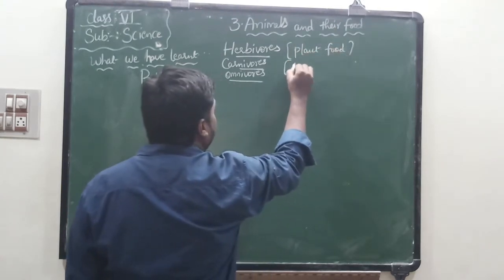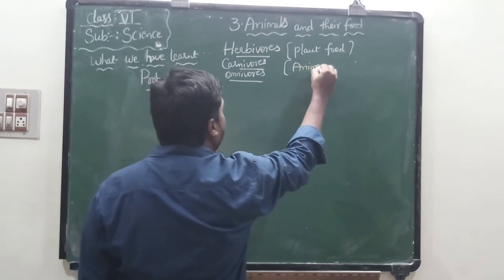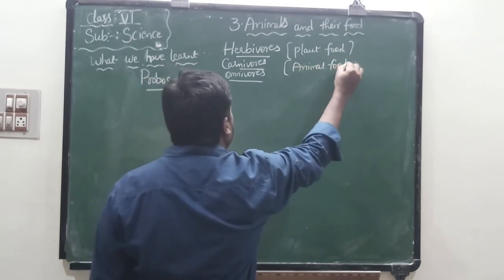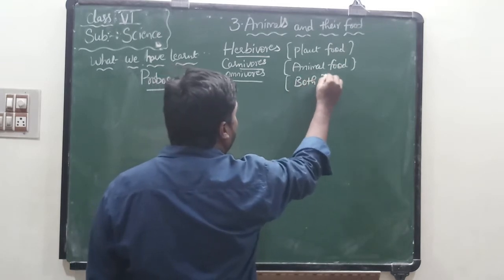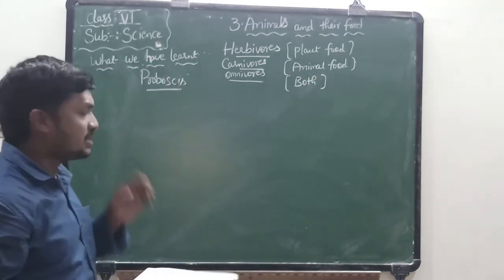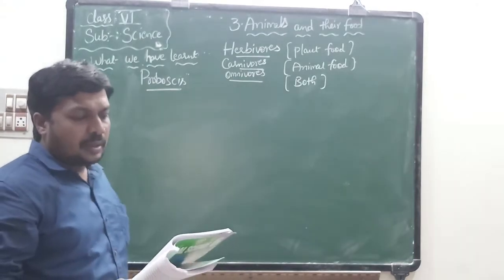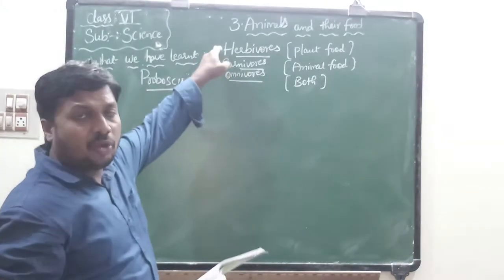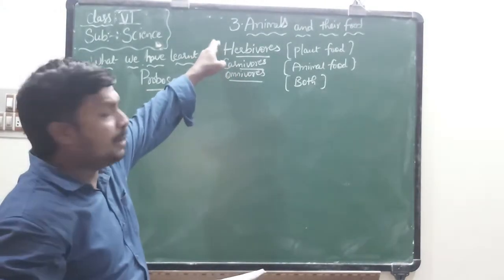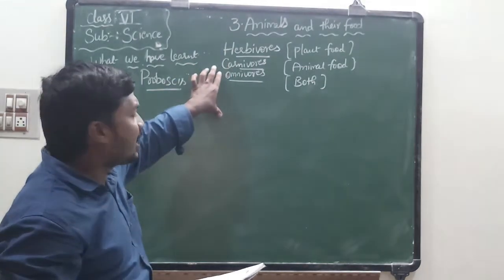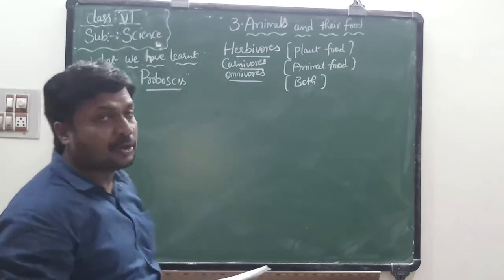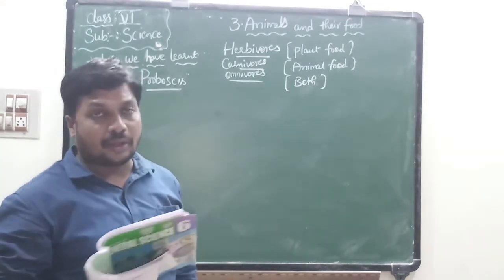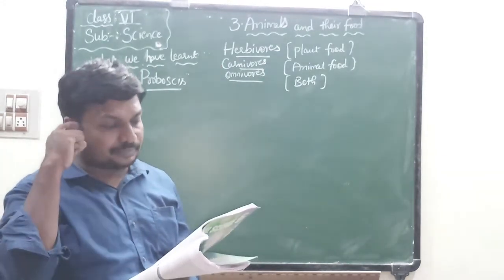Carnivores are the animals which eat only animal food. Omnivores are the animals which eat both animal and plant food. Examples of herbivores are cow, buffalo, sheep, goat, horse, camel. Examples of carnivores are lion, tiger, wolf, fox, etc. Examples of omnivores are human being, crow, dog, etc.